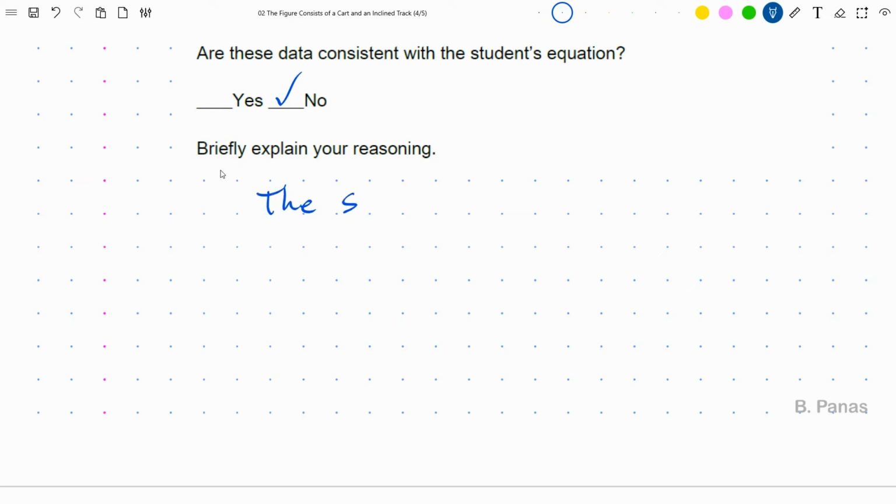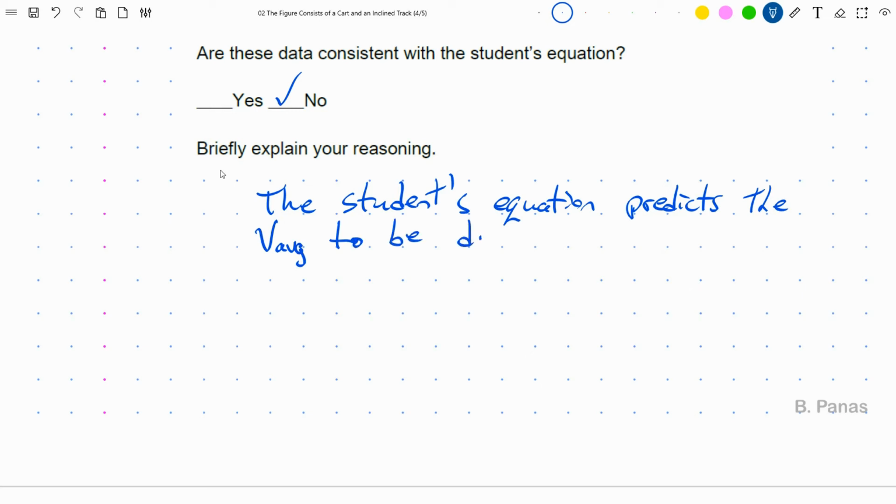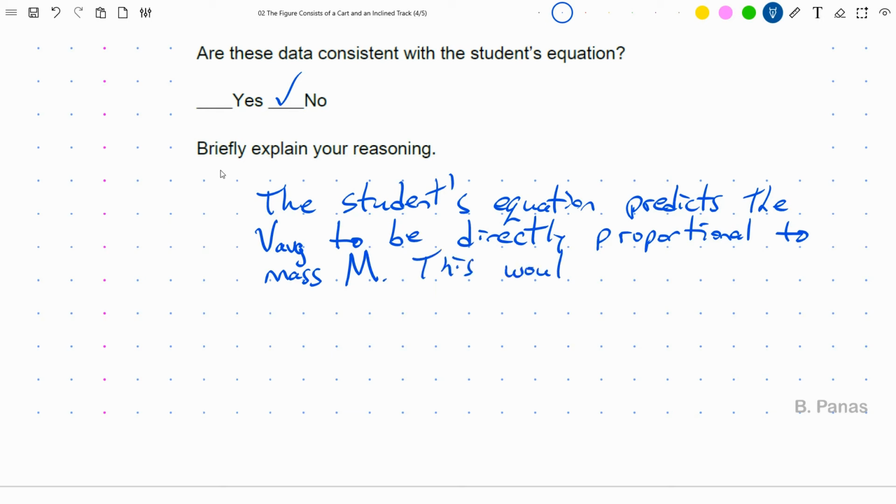The student's equation predicts the V average to be directly proportional to mass, M. So this would require the graph to go through the origin.